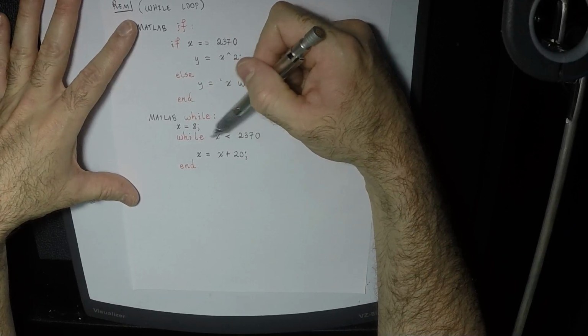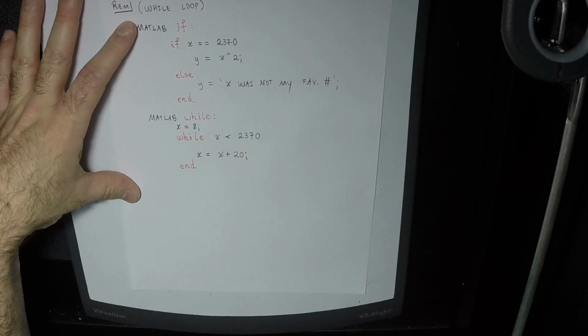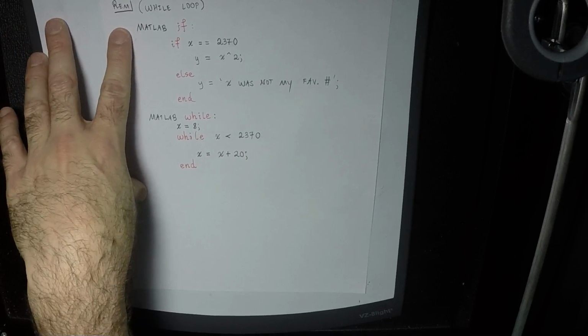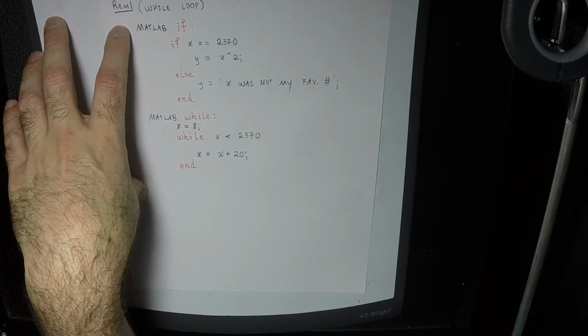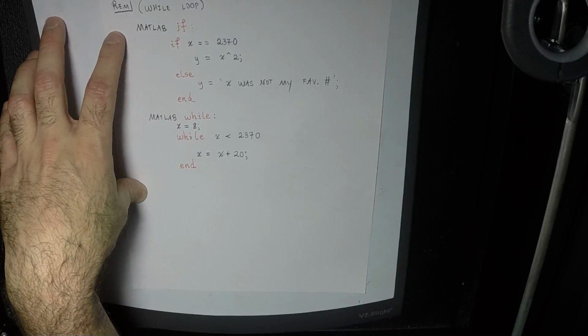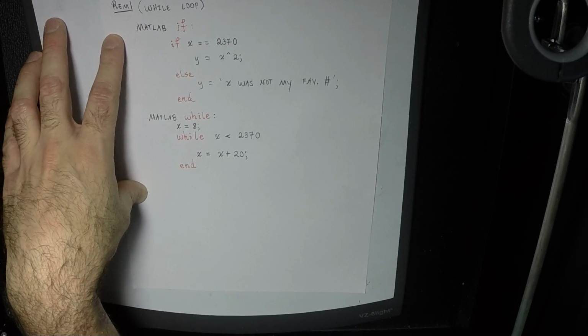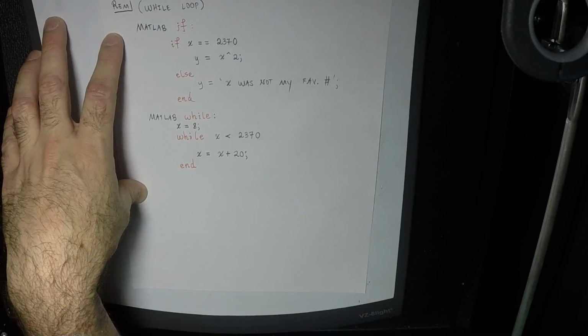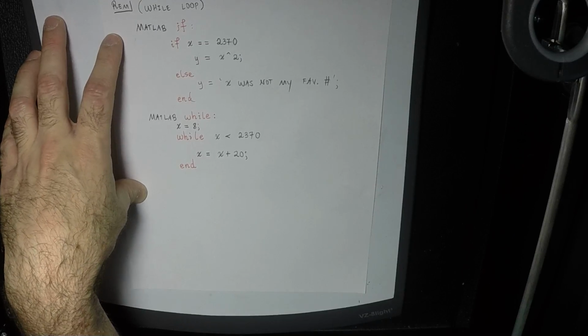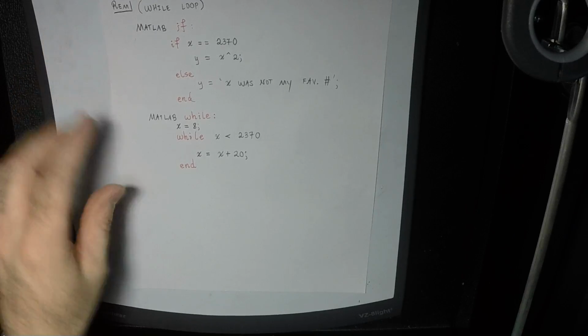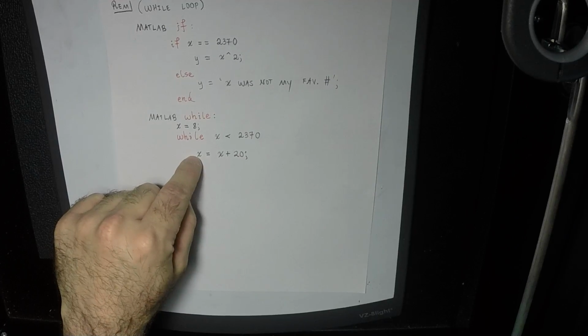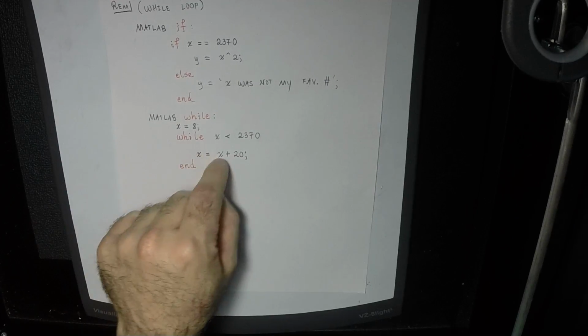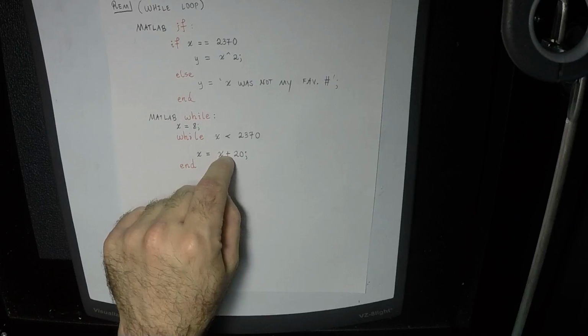Then it'll come to the while statement and evaluate the predicate x less than 2370. It looks up the value of x and says, oh, x is 8. And is it the case that 8 is less than 2370? Yes, it is the case. As a result, you will enter this block, and it will be executed.